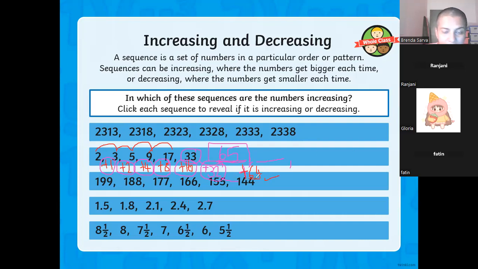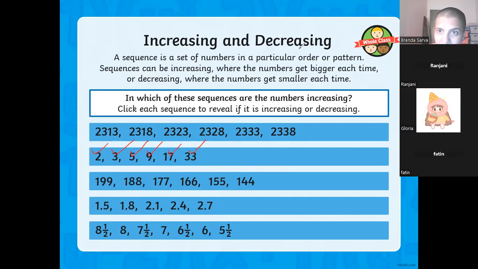Okay, can you see the screen? Can you see these numbers in red? These numbers in red are the pattern. This is your sequence. Can you see the sequence here? 1, 2, and then 3, and then 5, and then 9, and then 17, and then 33. Correct?